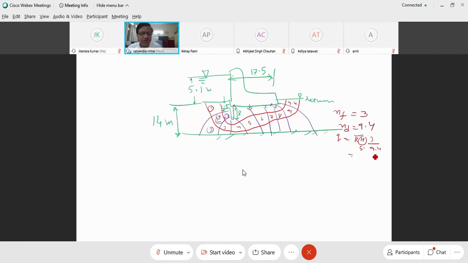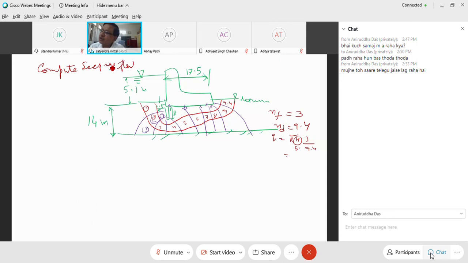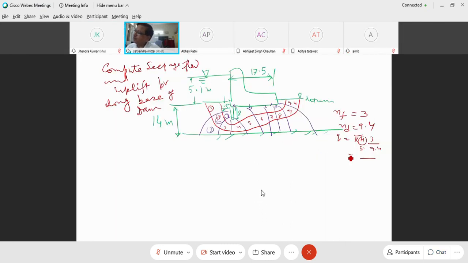Now the question is to compute the seepage flow and uplift pressure along the base of the dam. So the seepage you have calculated.